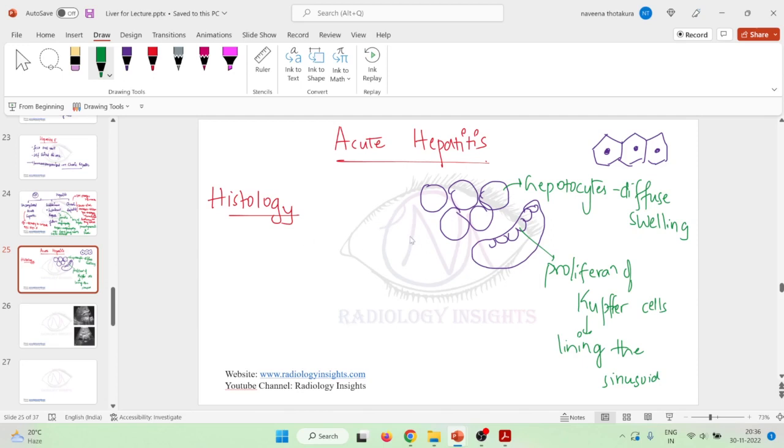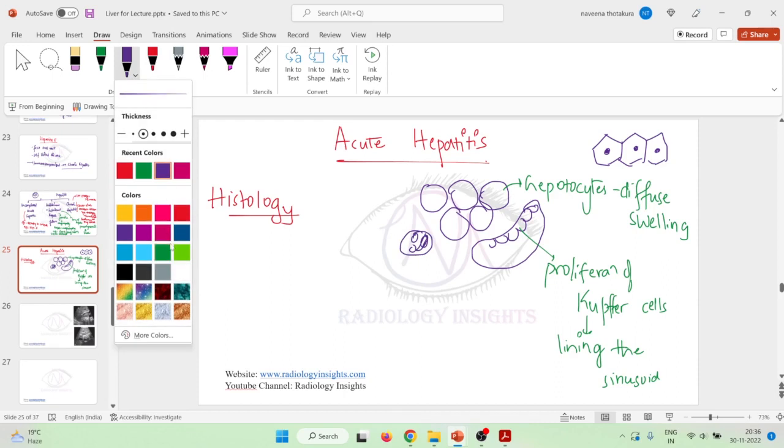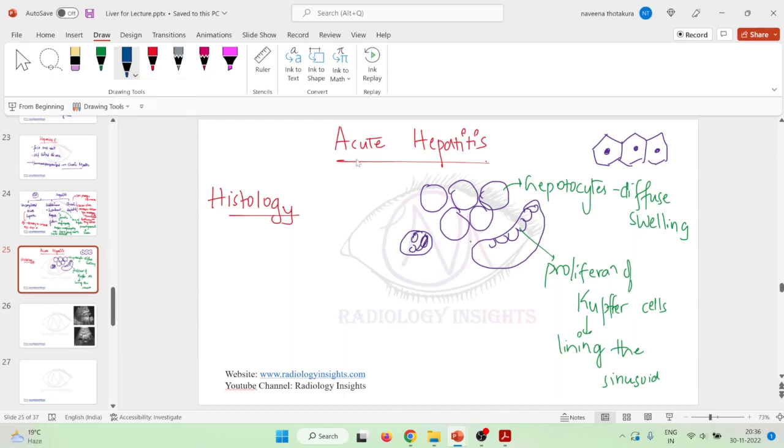And if this is the portal area, the portal triad, around this portal area we can see the presence of lymphocytes; monocytes can occur around the portal area.